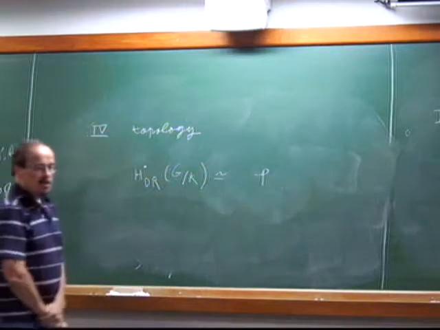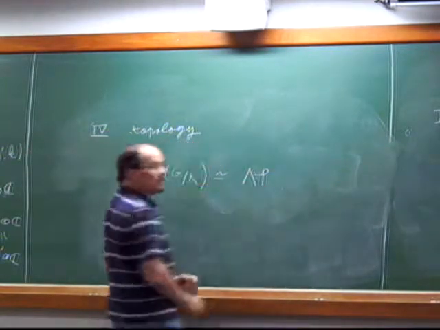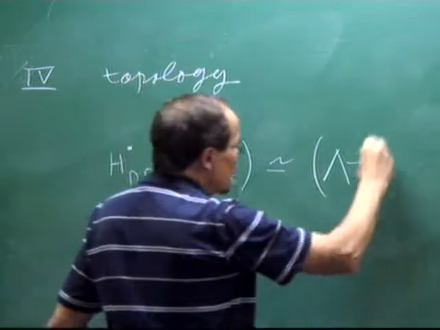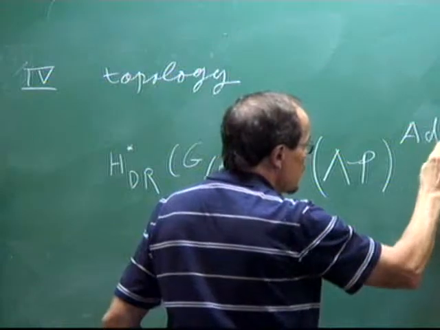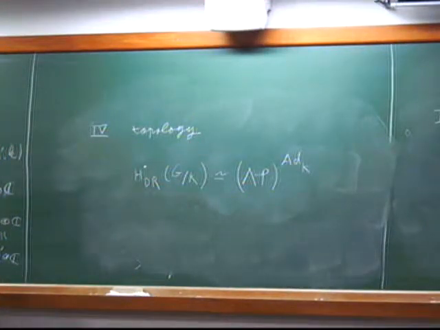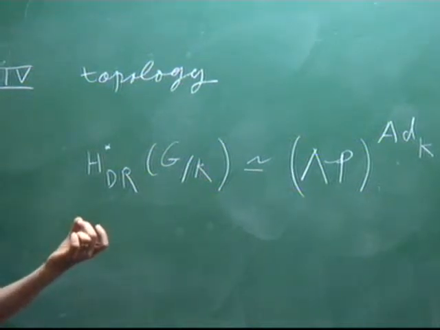Look at the Cartan decomposition, let P be the complement. Look at the forms on this vector space, just the exterior algebra. And now look at those things that are invariant under the adjoint representation of the group K. So it's a point-wise, algebraic description of the whole de Rham cohomology. Just look at the tangent space at a point, look at forms on that tangent space, see how K acts on it, look at fixed vectors of that.